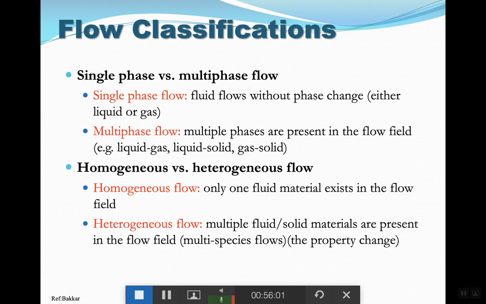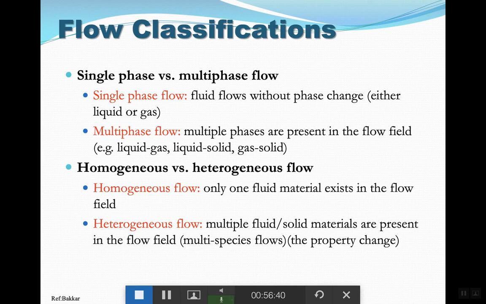The next question you have to answer is whether it's homogeneous or heterogeneous. Homogeneous flow means only one fluid material exists in the fluid flow. Remember, homogeneous is different from single phase. A flow could be single phase, meaning everything is liquid or everything is gas. But homogeneous versus heterogeneous deals with different materials, like water and oil, asphalt and honey, and so on. If you have one single material, no matter what the phase is, it could be homogeneous multi-phase.